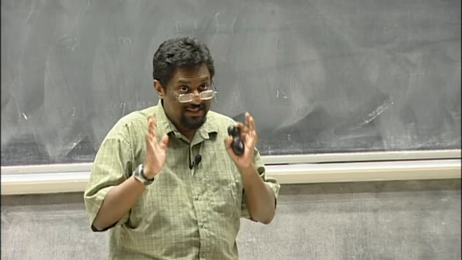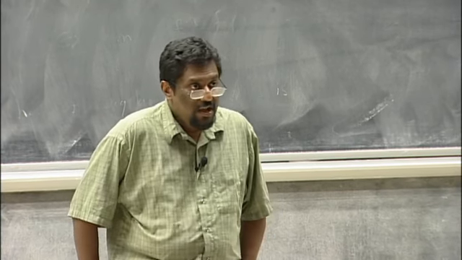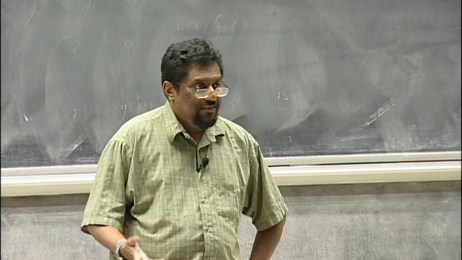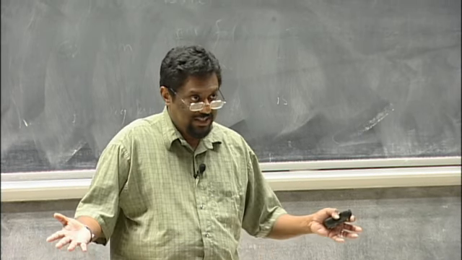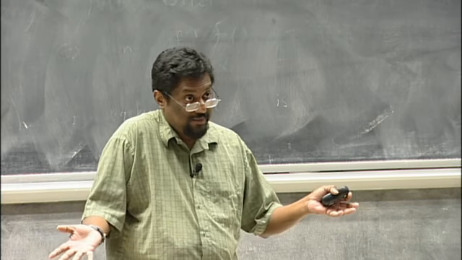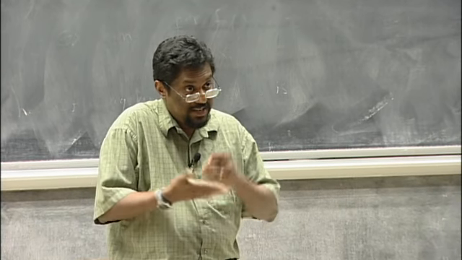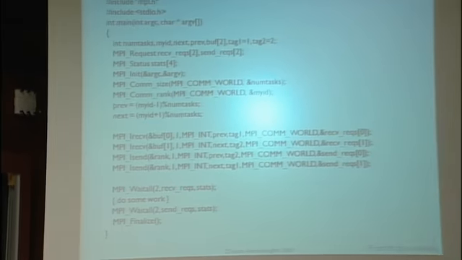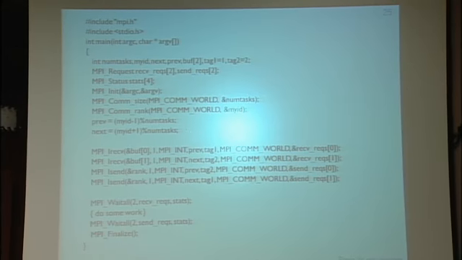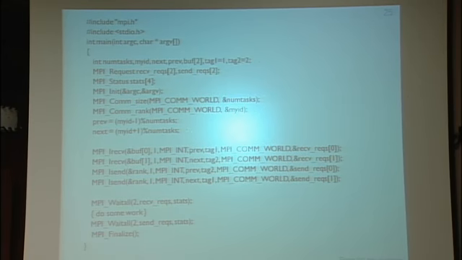But for receives, why would you want a non-blocking receive rather than a blocking receive? When you want to receive, you have to wait till the data comes to do anything. But non-blocking receive means I issue the receive early and then wait for it to complete at this point. What might be the advantage of doing a non-blocking receive? Can anybody think of an advantage?